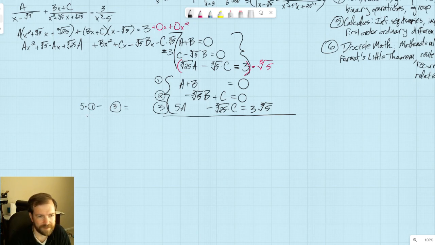Always gets challenging. All right, so this is going to be 5a minus 5a, so that's going to be 0a. This is going to be 5 times equation 1, which is going to get us a 5b.